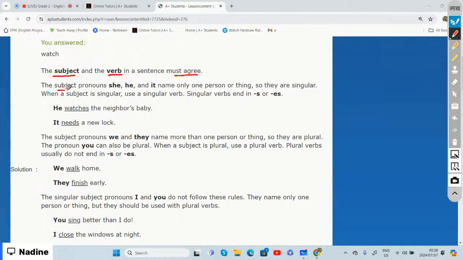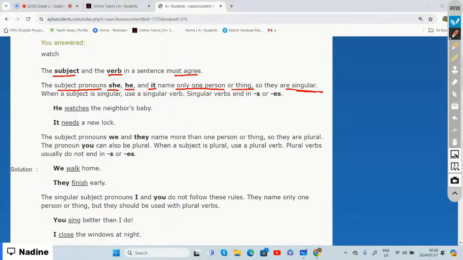So when the subject pronoun is she, he, or it, then it means that we only name one person or one thing. And we call that being singular. If we refer to one person, we refer to one thing, then we say that is singular. It's one person.